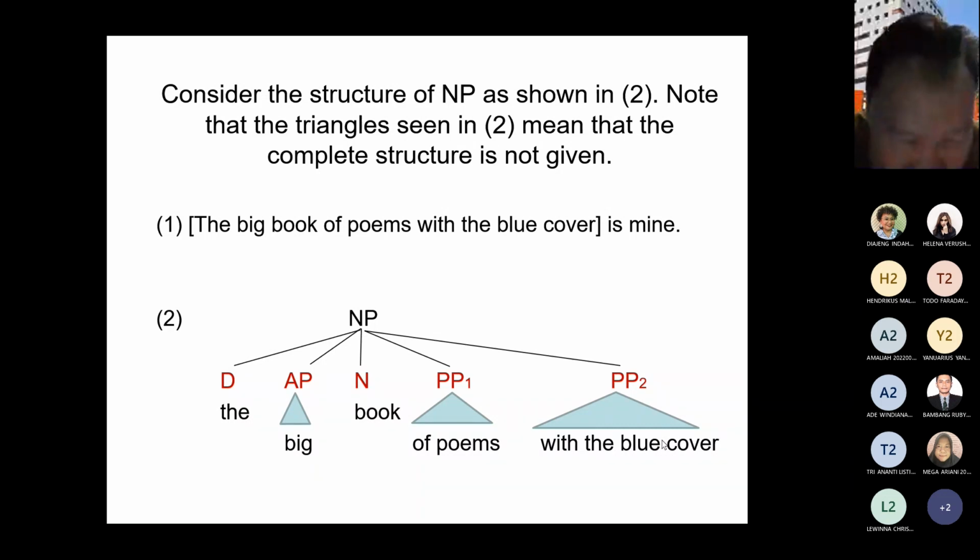All right. Can you pay attention to number 2 carefully? What do you notice about the structure in number 2? Do you see any difference between the determiner, the AP, the book, PP1 of poems, and PP2 with the blue cover?